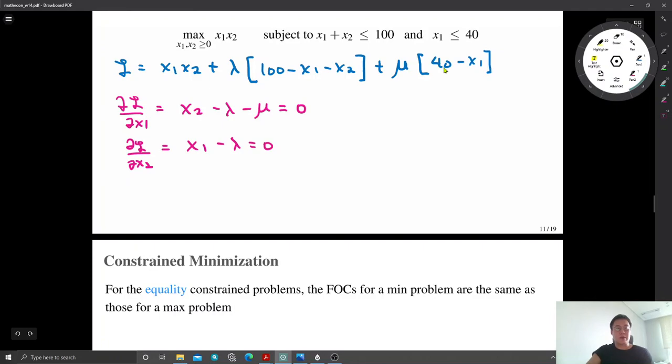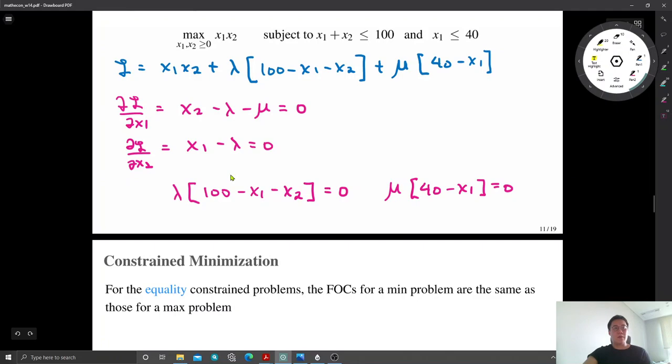The first requires lambda times (100 minus x1 minus x2) to be 0, no matter whether this constraint is binding or has slack, the product should be equal to 0. The same argument applies to the second constraint: mu times (30 minus x1) should be 0, no matter whether this second constraint is binding or has slack.